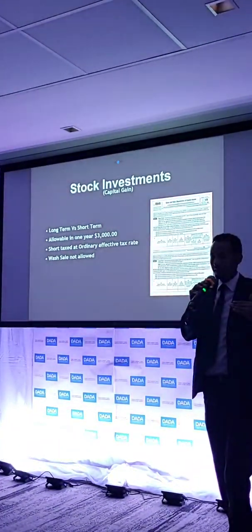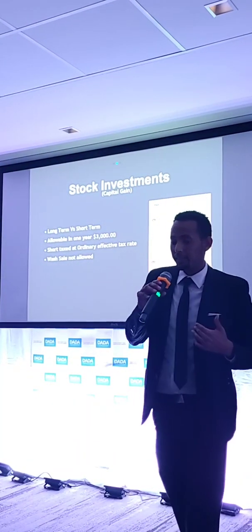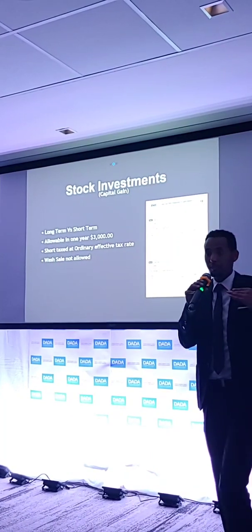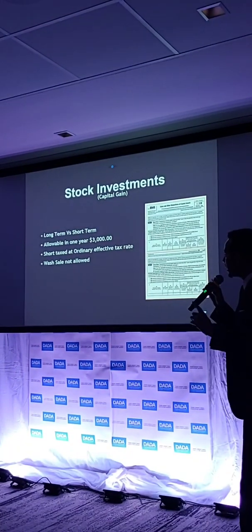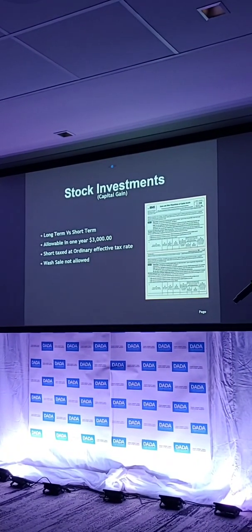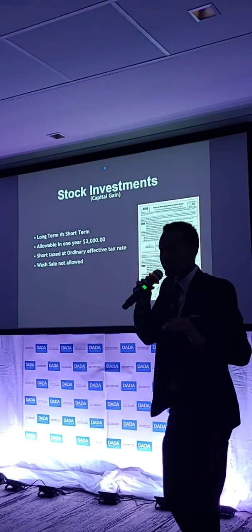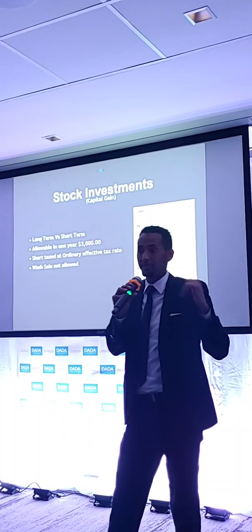So if you don't have any earned income, not W-2, not 1099, and you just trade, you pay less tax, almost half of the current tax brackets, which we will see later on. Short-term investments are taxed with the regular income that you have, at the regular effective tax rates.